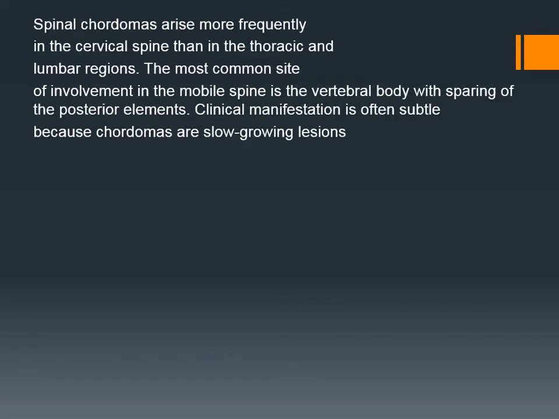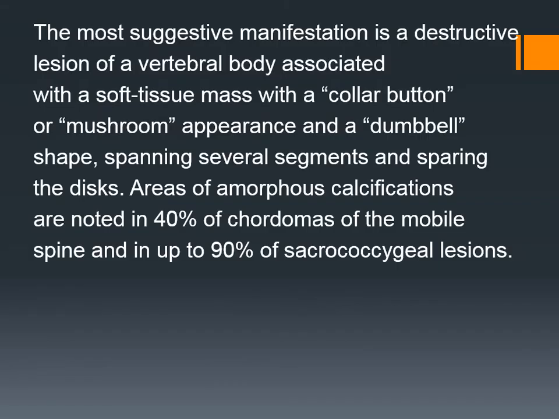Spinal chordoma arises more frequently in the cervical spine than in the thoracic and lumbar regions. The most common site of involvement in the mobile spine is the vertebral body with sparing of the posterior element. Clinical manifestation is often subtle because chordomas are slow-growing lesions.